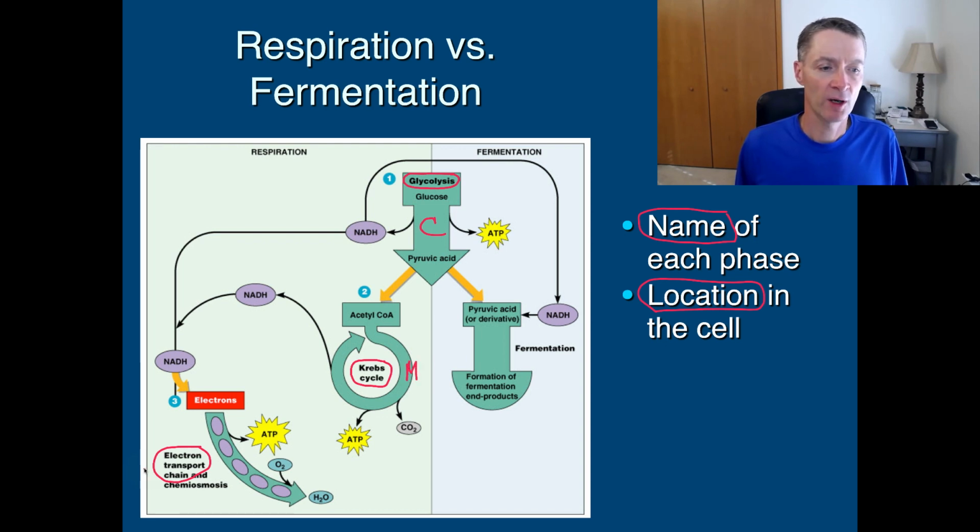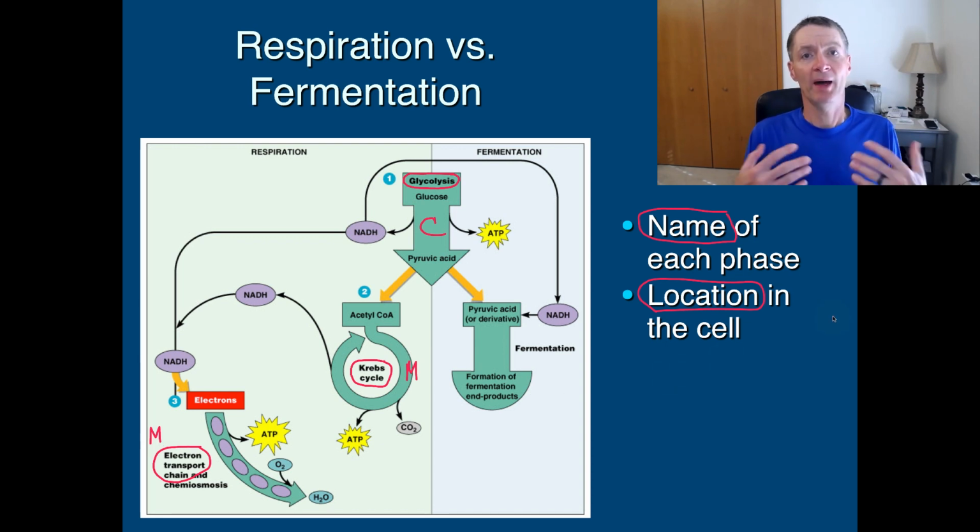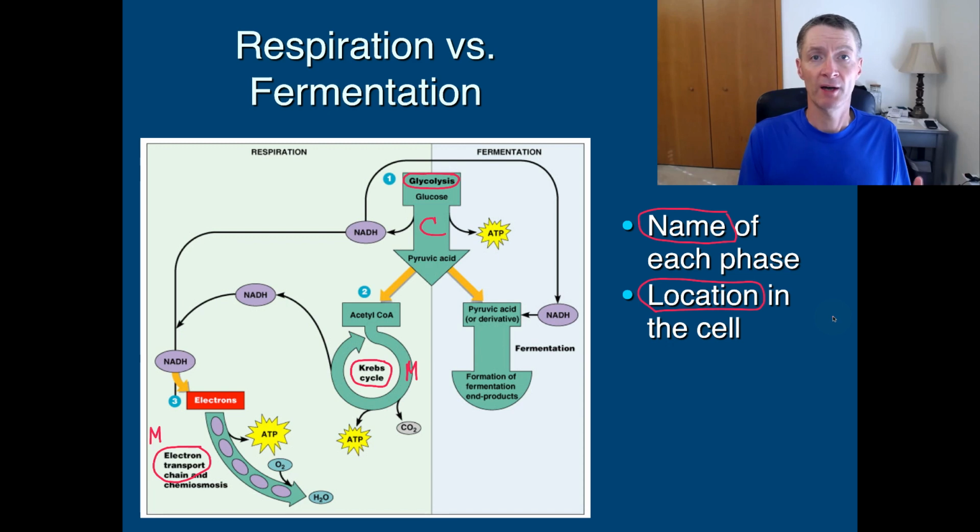And the electron transport chain or electron transport system would take place in the mitochondria. So location taken care of. If this was a bacterial cell, we know it wouldn't have mitochondria. So pretty much all 3 of those phases would have to take place in the cell, partly in the cytoplasm, partly on the membranes of that cell, but definitely no mitochondria involved.